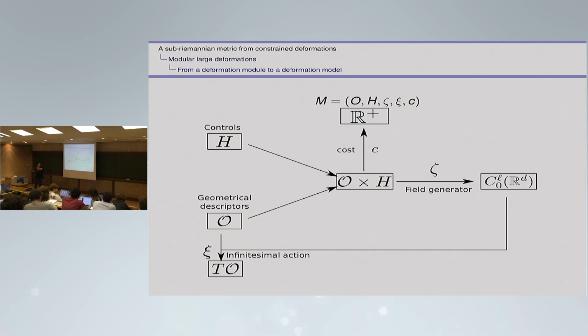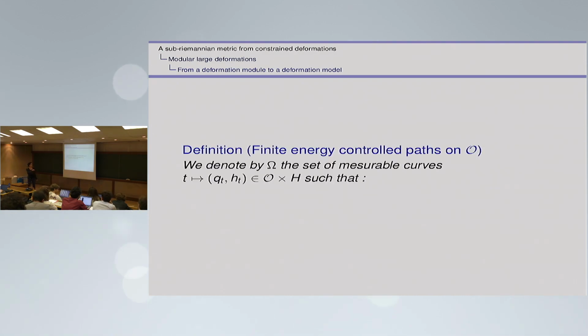So we need to specify what trajectories of geometrical descriptor and control we'll consider, that will allow us to obtain reasonable trajectories of vector fields. We'll consider trajectories of geometrical descriptor and control such that at each time the speed of the geometrical descriptor is equal to the application on itself, via the infinitesimal action, of the vector field that is created by itself and the control via the field generator.